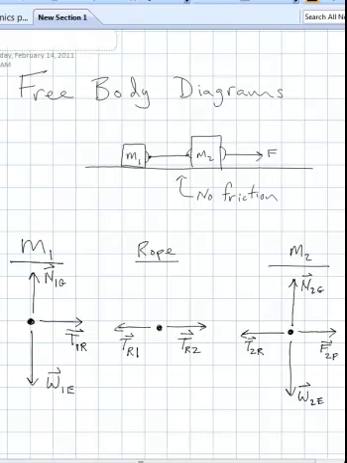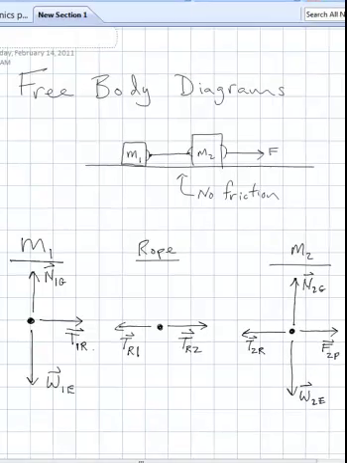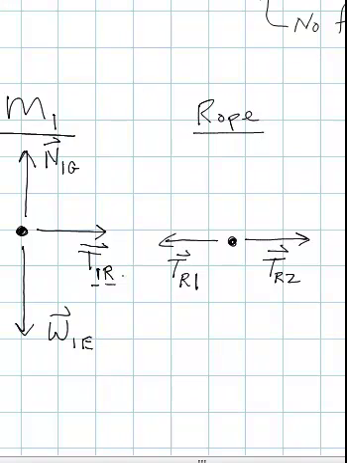So we can see that M1 and the rope are interacting. We have a tension on 1 from the rope, and we have a tension on the rope from 1 in the opposite direction. And we know that's a Newton's pair, because those 2 objects are interacting with each other, that those have to have the same magnitude. So I'm going to put a little line here and a little line here.